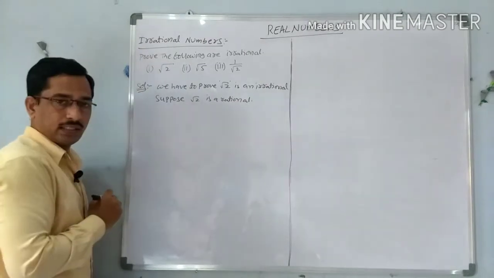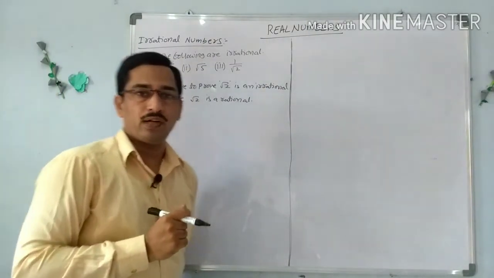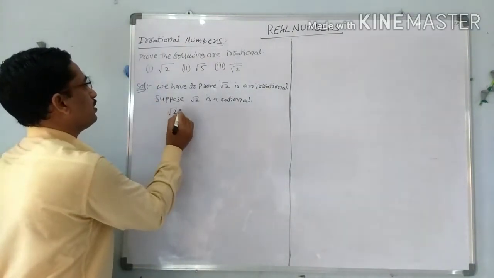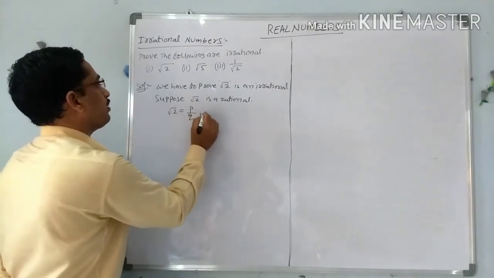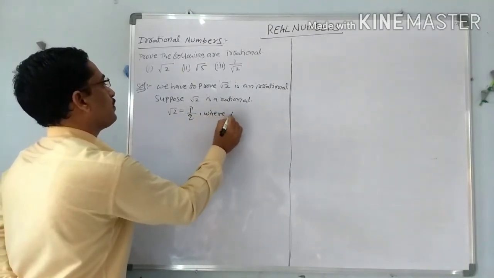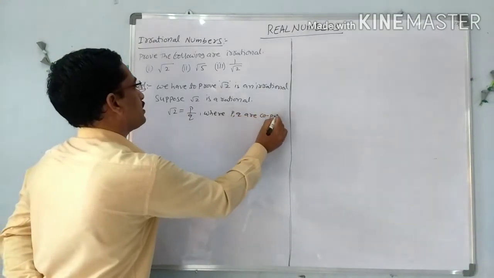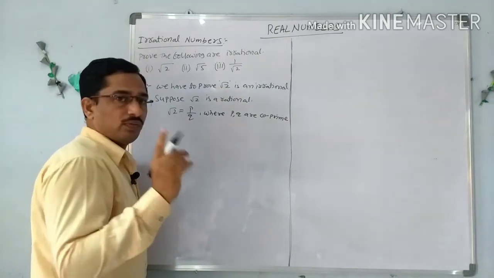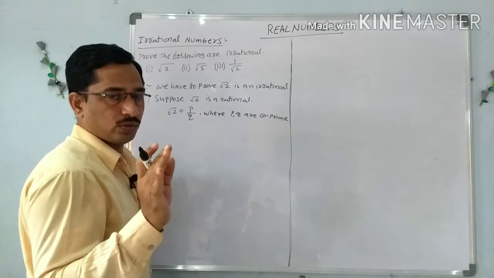If root 2 is a rational number, then we can write it in the form of p by q. So root 2 we can write as p by q, where p, q are co-primes. Co-prime means they have only one as a common factor, no other common factor for both p and q.